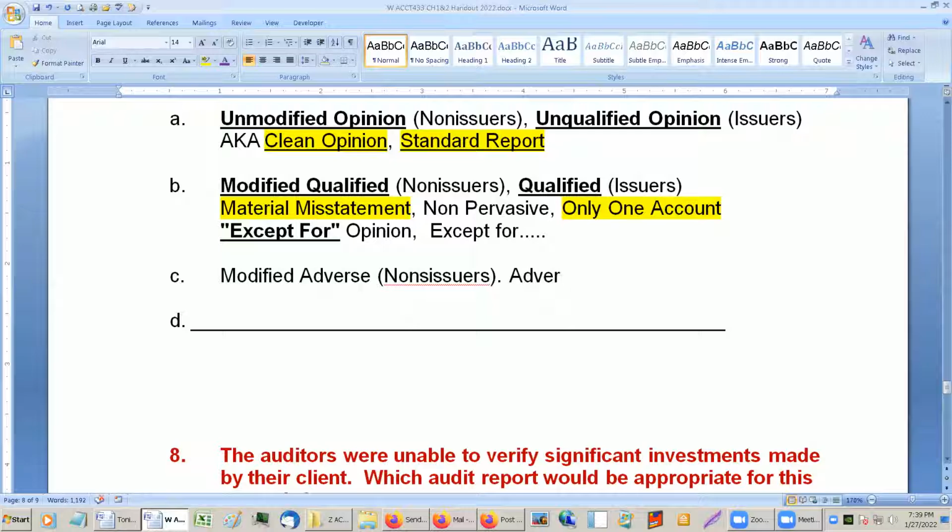Oh man. Okay, here we go. Non-issuers adverse.